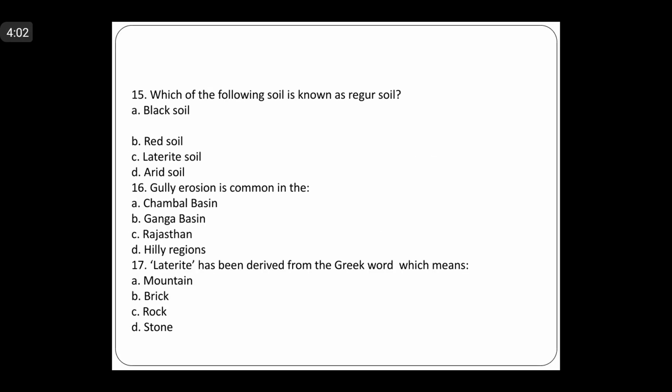Okay. Now the question is, which of the following soils is known as regur soil? Regur, that's black soil, right? Black soil is the answer because another word for regur soil is cotton soil. So red soil, laterite soil and arid soil are not the answer.